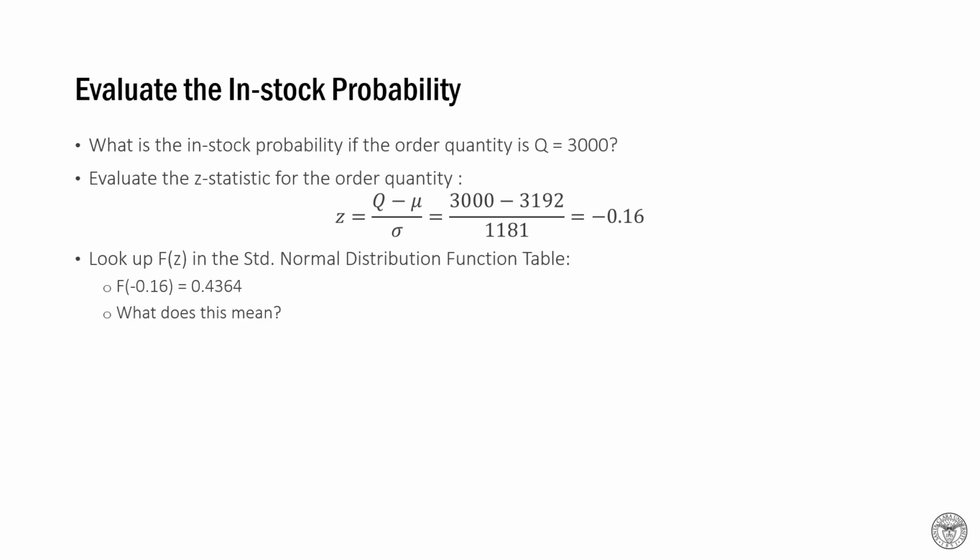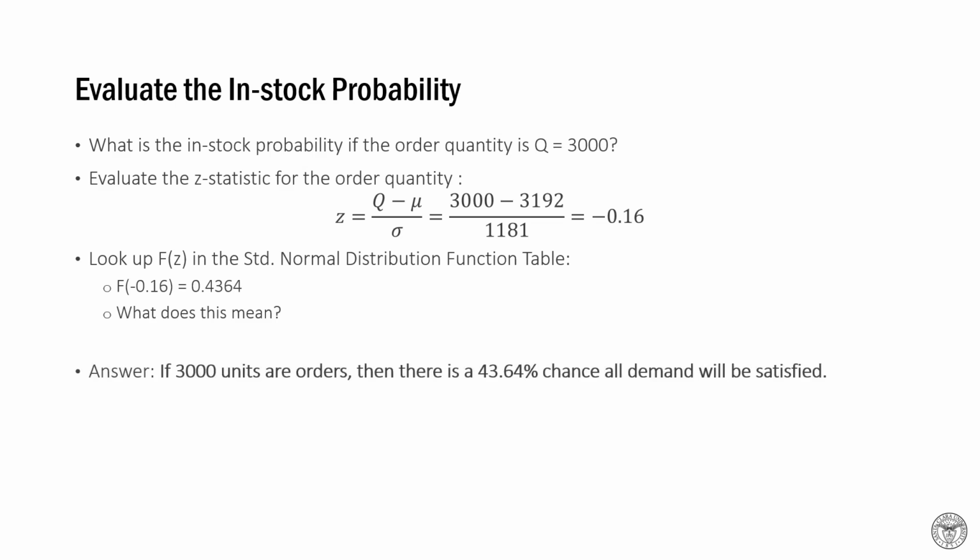But what does this mean for our in-stock probability? Well, with an order quantity of 3,000 units, we can expect a 43.64% chance of satisfying all customer demand. This probability provides us with valuable insights into the likelihood of meeting customer needs and avoiding any shortages.